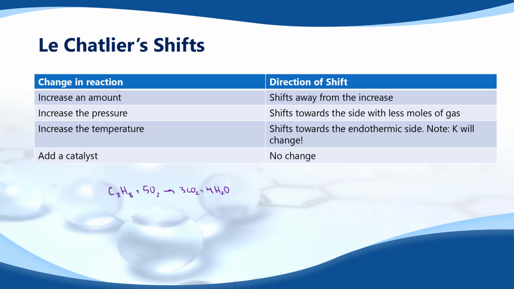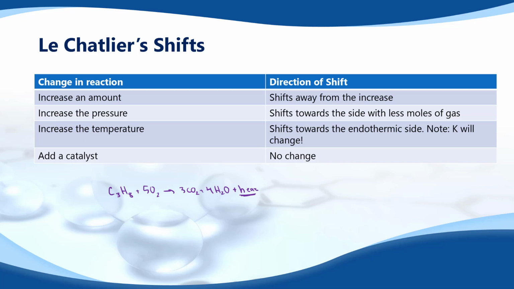So our combustion of propane, this reaction is exothermic. So that means that we can consider heat as a product of this reaction because it's given off. Right, so if we increase the temperature of this reaction, if it happens to be reversible, it would shift towards the direction that used up the heat. So it would use the heat as a reactant and shift farther back to the left.